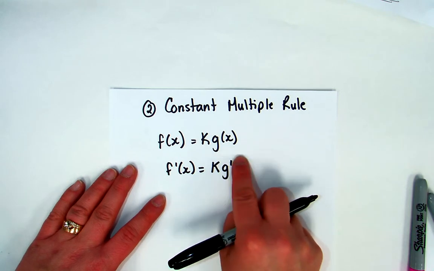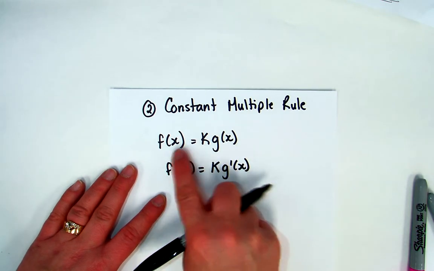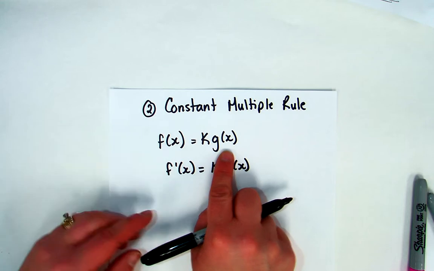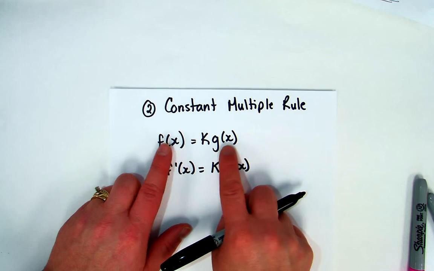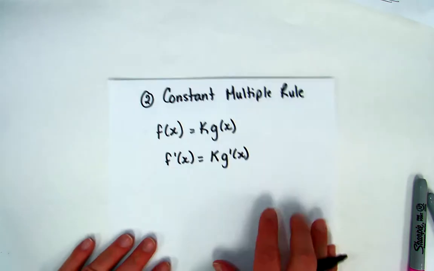I'm not going to work with this one just with the y notation because it'll get confusing. This is the whole convenience of function notation, is that I can define f and g and be able to separate them. If I worked with y's, I'd have 2 y's and it would become confusing.